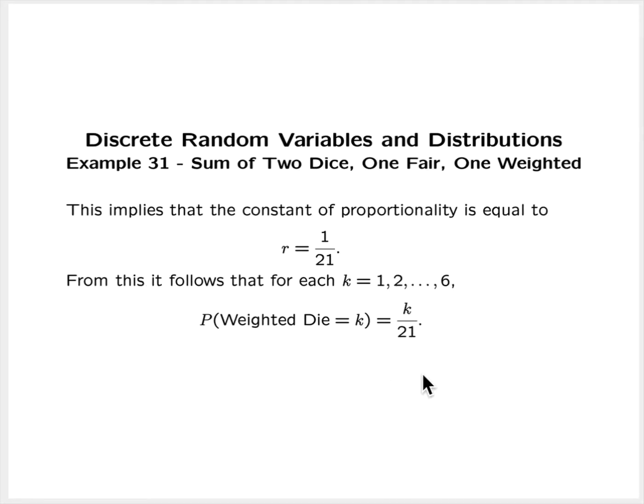And so the probability that the weighted die is equal to k is k over 21, k going from 1 to 6. And again, it's easy to verify that these probabilities for k going from 1 to 6 add up to 1.